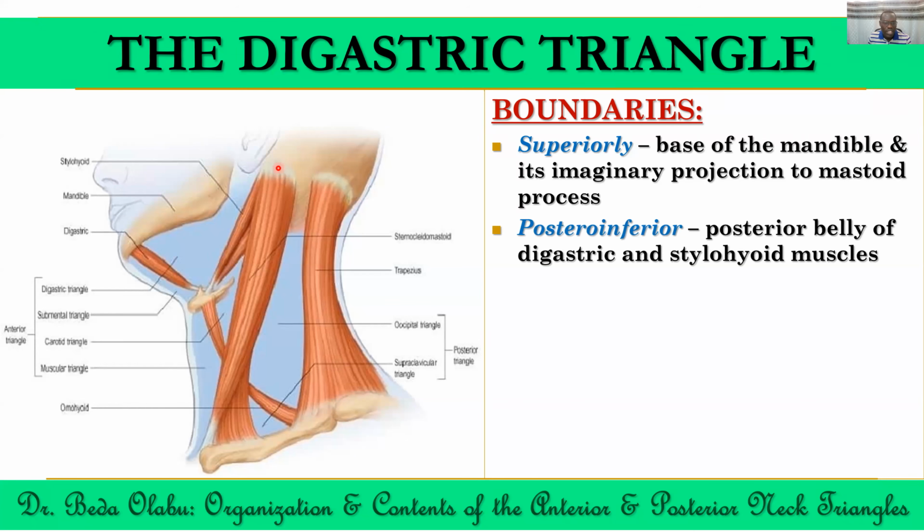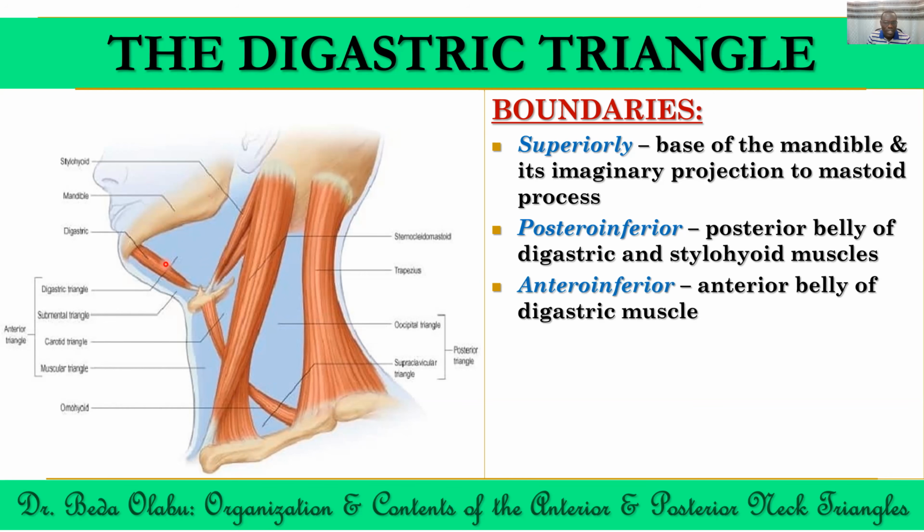Then posterior and inferiorly, we have these two muscles, the stylohyoid muscle and the posterior belly of the digastric muscle. And then anterior inferiorly, we have the anterior belly of the digastric muscle. So this is the space we're talking about. This is the triangle we're talking about.